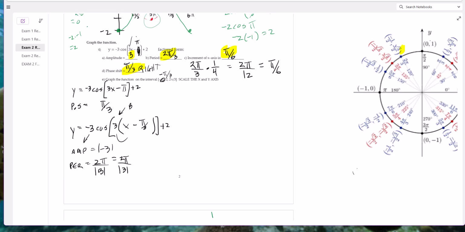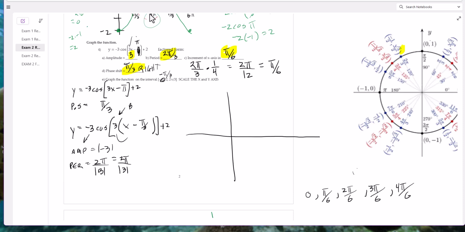I'm going to go ahead and get a graph put together here. And again, I'm going to count out this increment. This increment is pi over 6. I am counting the numerator out and then reducing fractions. So see, I've just counted to 5: 1, 2, 3, 4, 5. 4 pi over 6 reduces to 2 pi over 3. So that's the period.